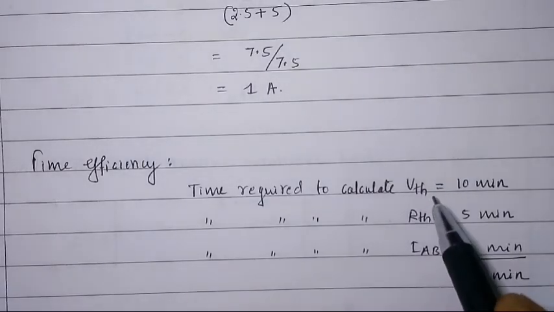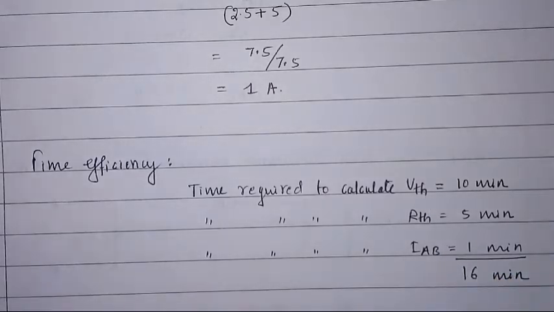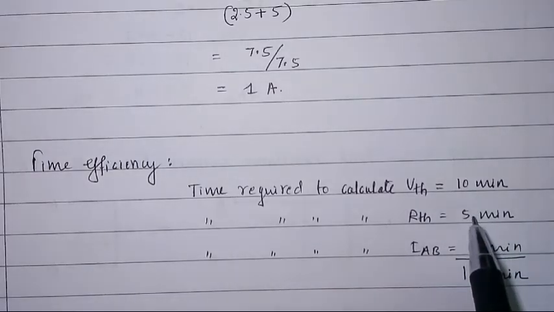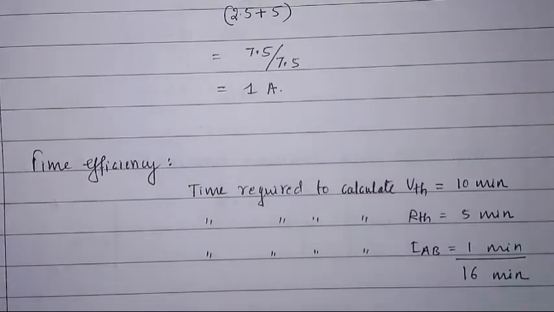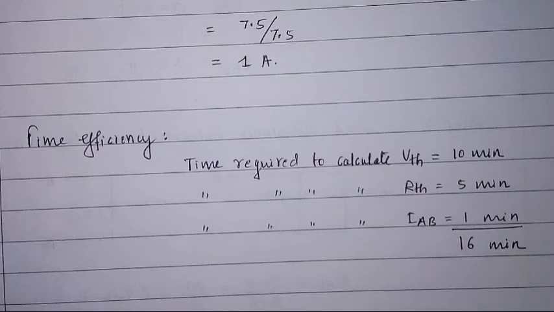Then I need not calculate VTH and RTH. That means these times are fixed. Only for 1000 resistors I have to calculate IAB. So 1000 into 1 will become 1000. 1000 plus 10 plus 5. The total time required will be 1015 minutes.